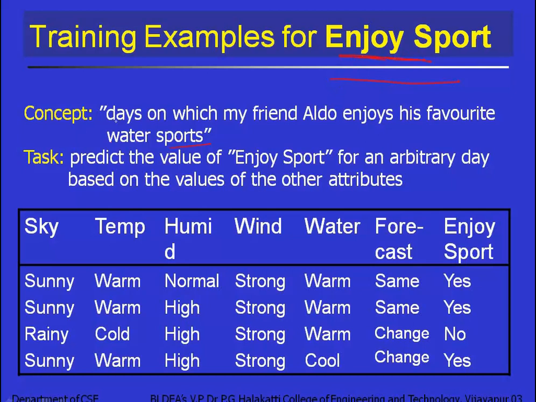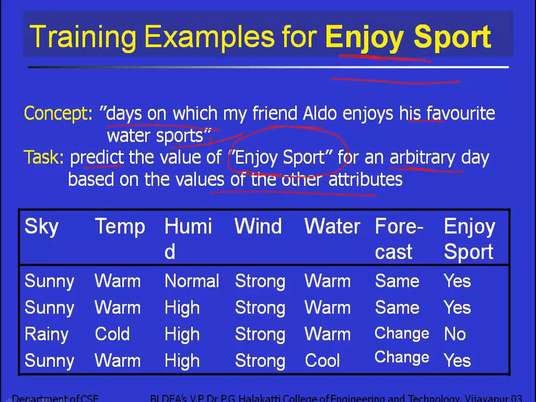So here the concept is days on which my friend Aldo enjoys his favorite water sports. This is the problem. The task is to predict the value of enjoy sports for an arbitrary day based on the values of the other attributes.